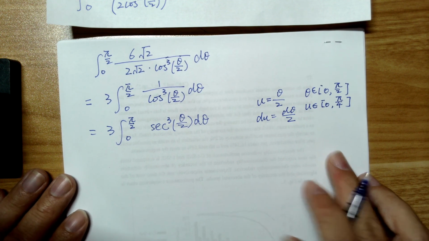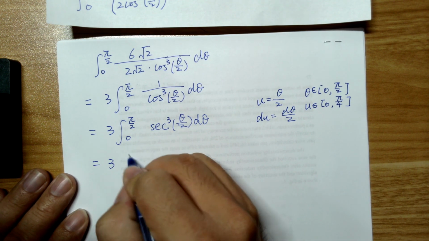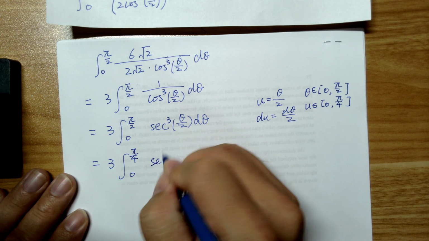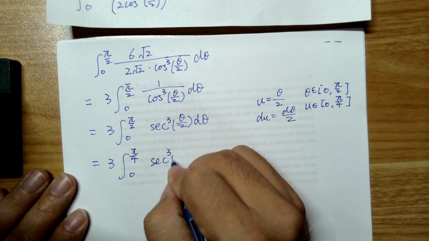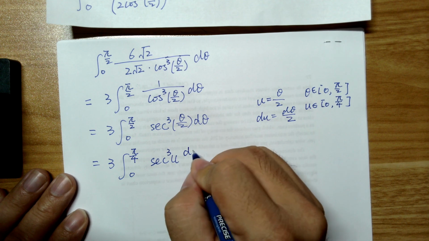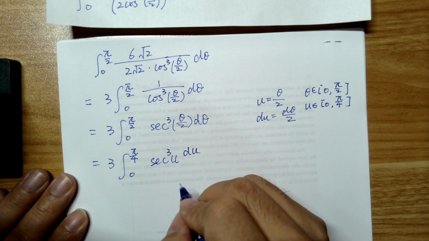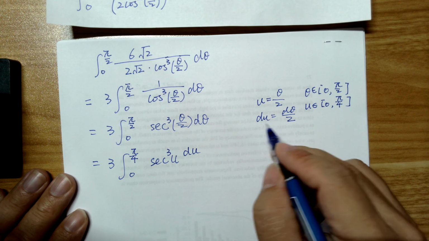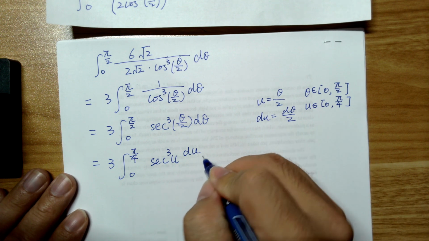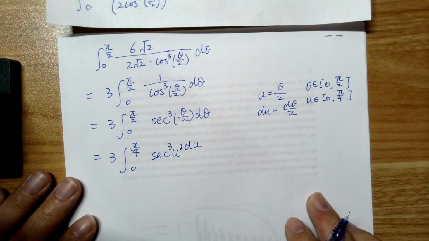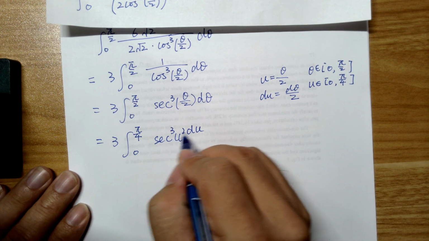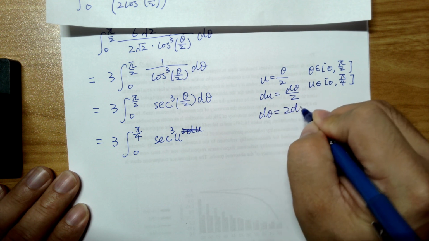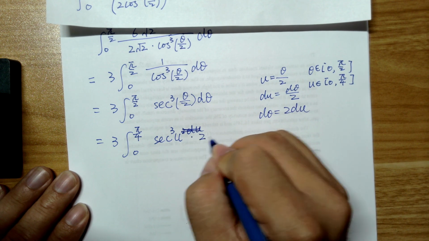So after that, this is what we can do. We can have 0 to pi over 4, we're going to have secant cubed u, and it's du. So d theta equals 2 times du. So it's 2 times du here. Okay, so let me write it in. So it's d theta equals 2 times du. So it's times 2 du.